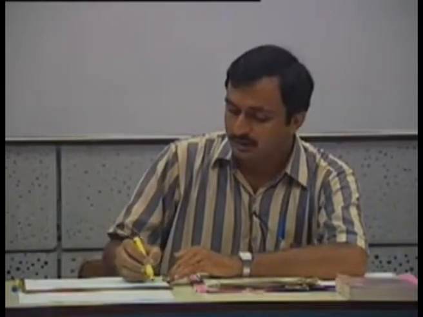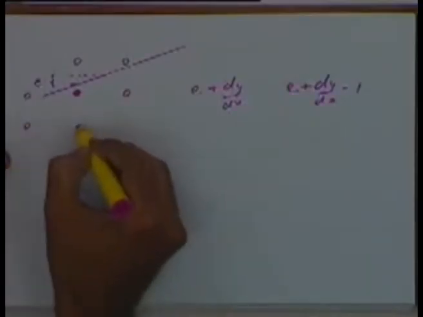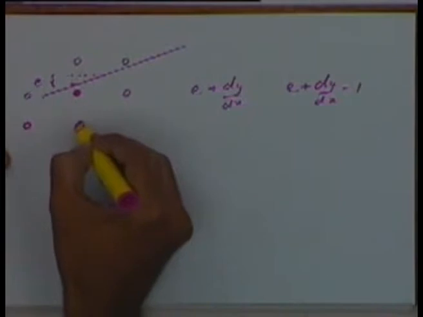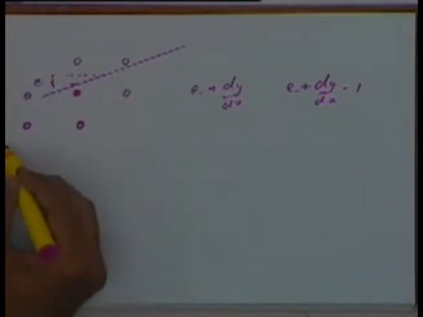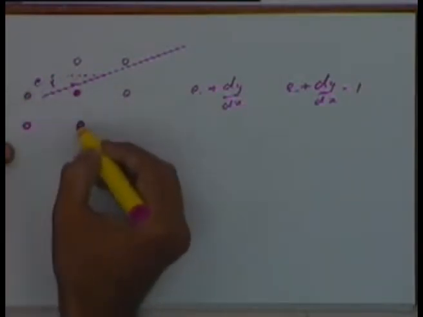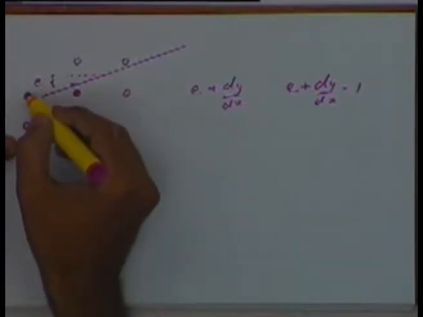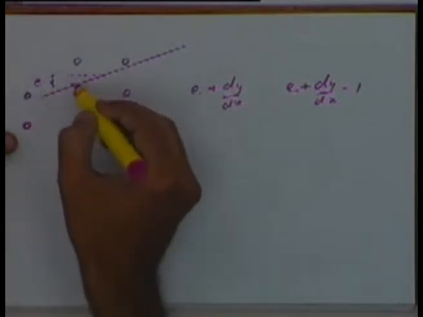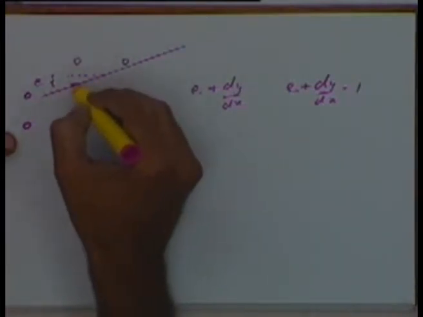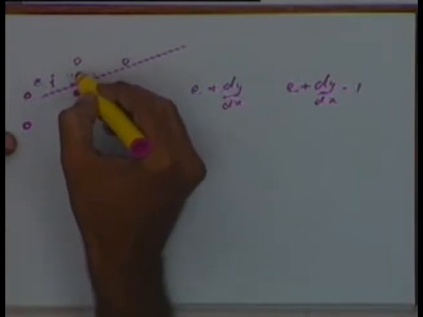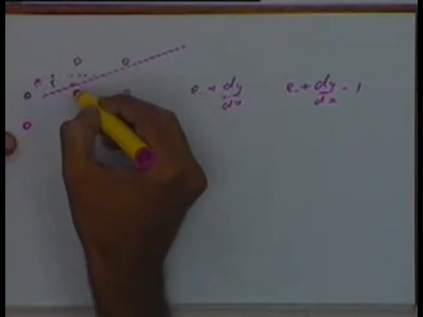Alternatively, at the previous level, whichever pixel was displayed, whether this one or this one, I could have computed the error at the end of the line. If this line is passing below this midpoint, then I will display this pixel.